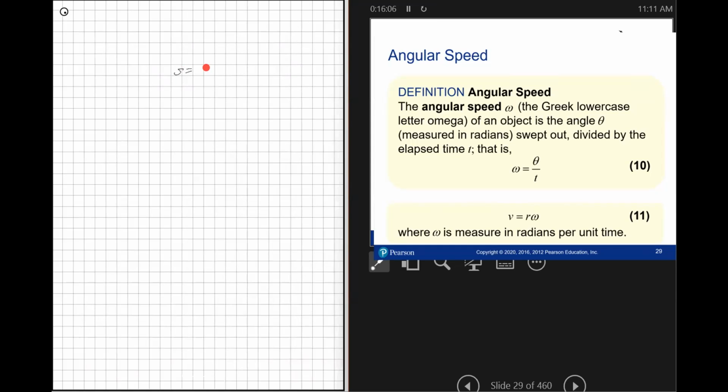So s equals r theta, right? The arc length is the radius times the angle measure, and this is in radians. And we have the velocity equals s divided by the amount of time it took.